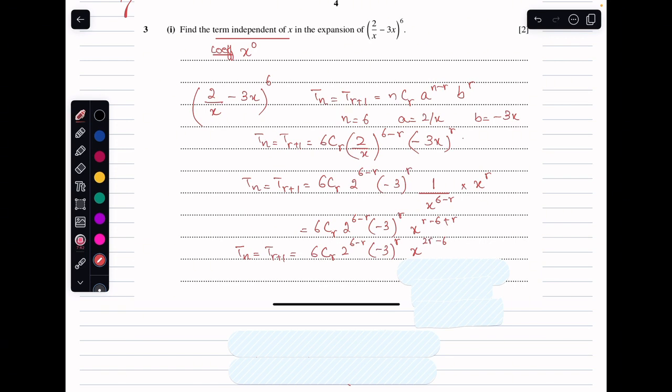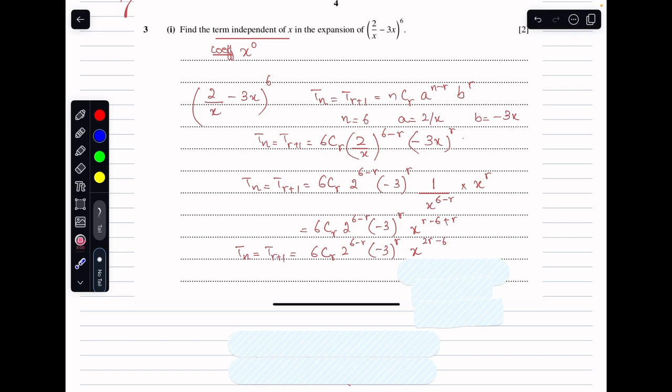So the term formula in terms of r, which we do not know, becomes Tn, that equals Tr+1, equal to 6Cr 2^(6−r) (−3)^r x^(2r−6).